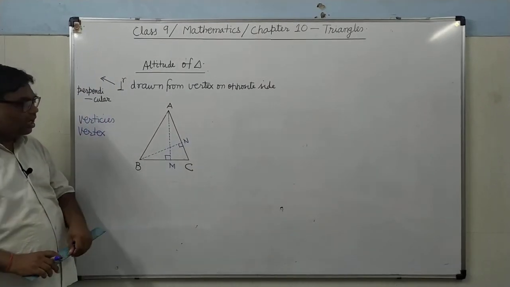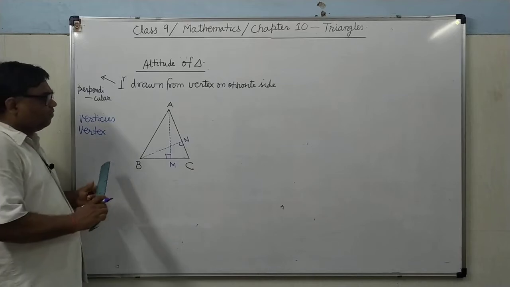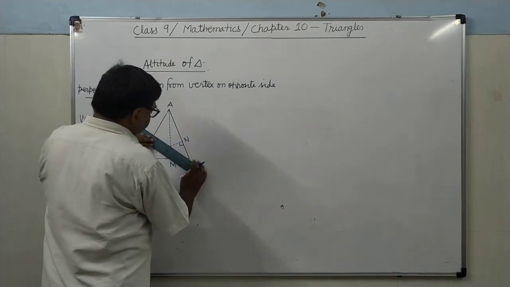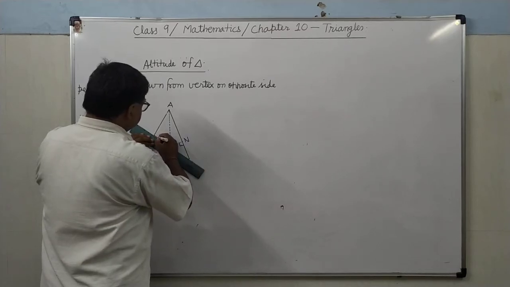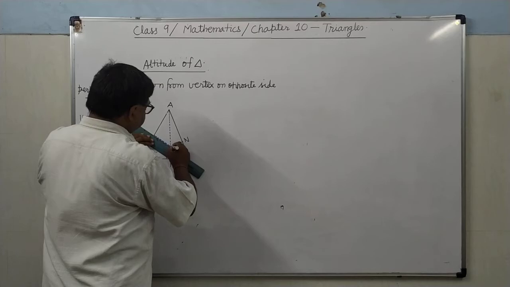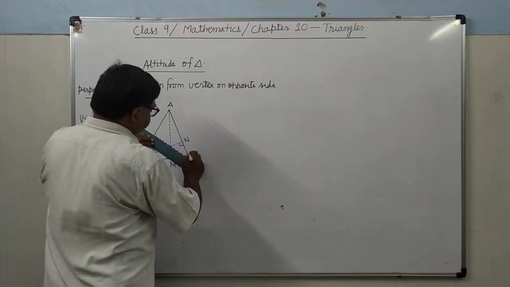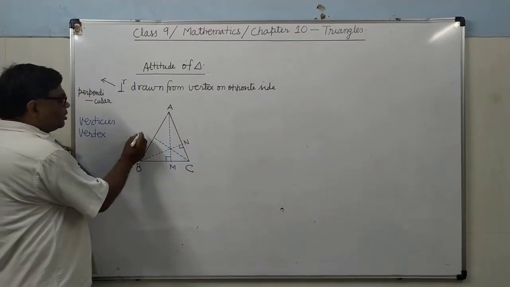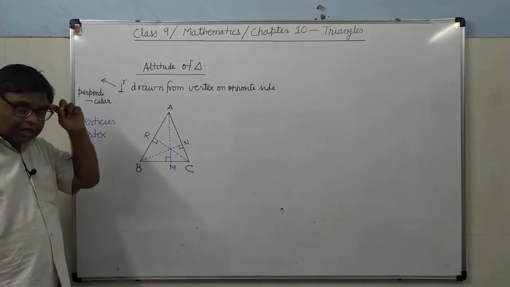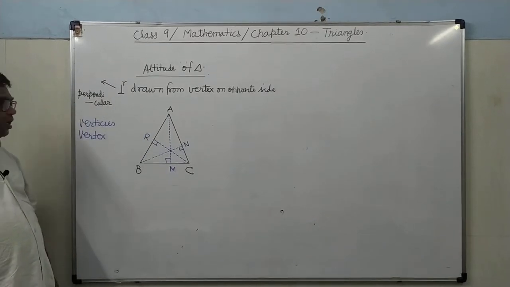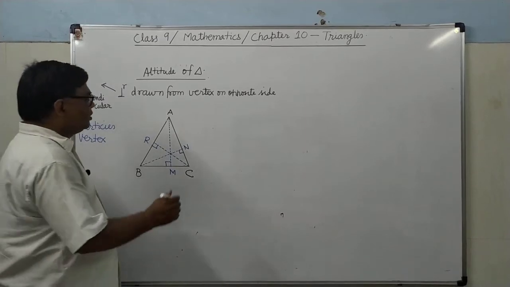Now the third can be drawn from C. You draw the perpendicular from C on the side AB, because which side is opposite to C? It is AB. You can name this R. So how many altitudes are there?